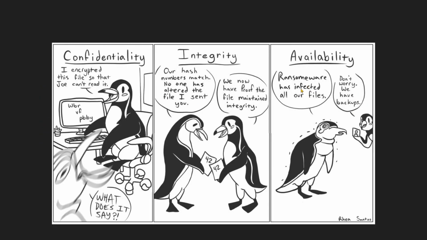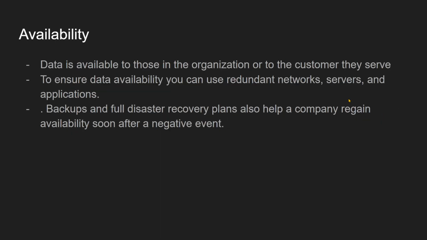In this case, it was a ransomware attack that infected all of our files, but this penguin had backups to be able to rely on. And full disaster recovery plans have to do with unforeseen events, such as a storm bringing down the power grid, or earthquakes, fires, just natural disasters for the most part.